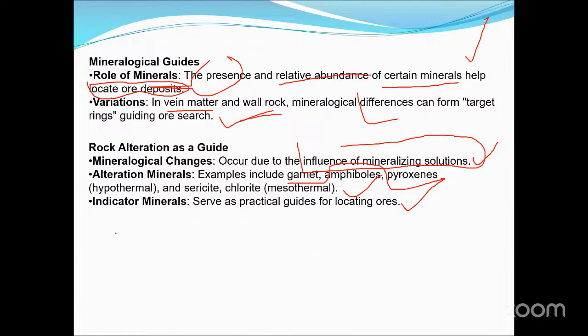And what are the indicator minerals? These indicator minerals serve as practical guides for locating the different types of ore minerals. So for the identification of ore minerals, indicator minerals and alteration minerals will help as mineralogical guides.